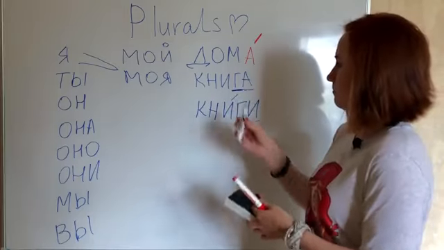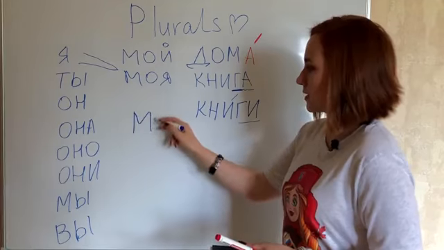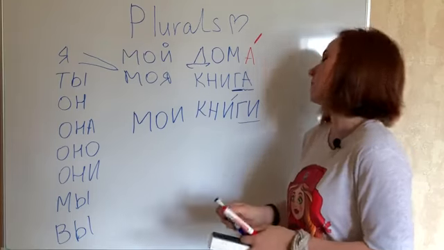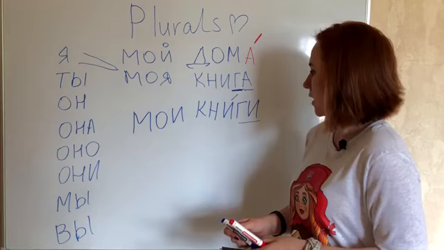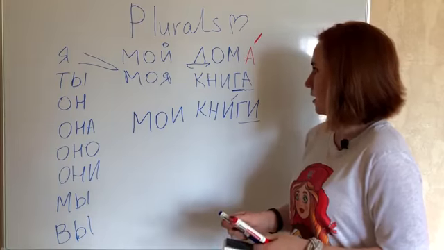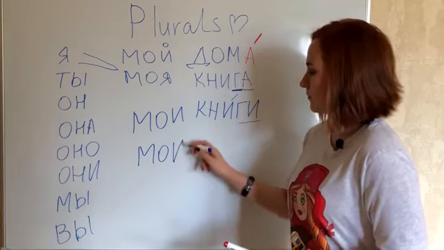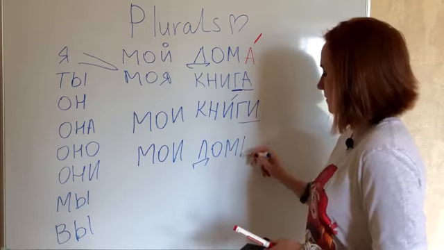So, мои, right? Мои книги, мои книги. Okay, мои книги and мои дома. My houses.